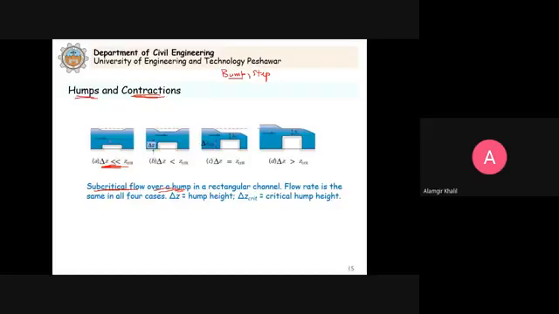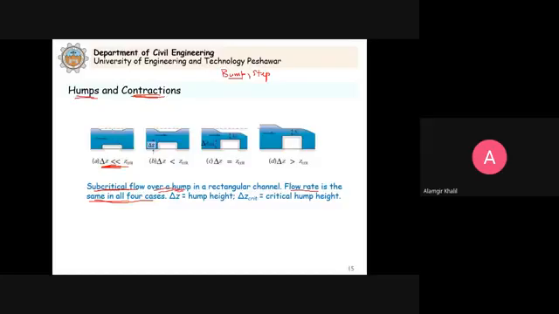Clear? So the specific energy decreases and the discharge is the same. Remember it is written here that the flow rate is the same in all 4 cases. We are not going to change the discharge. So when the specific energy decreases and the discharge is the same, it must be followed by a decrease in the depth.